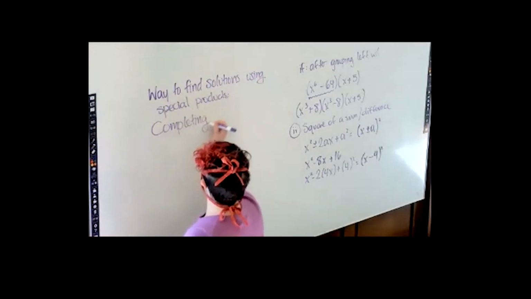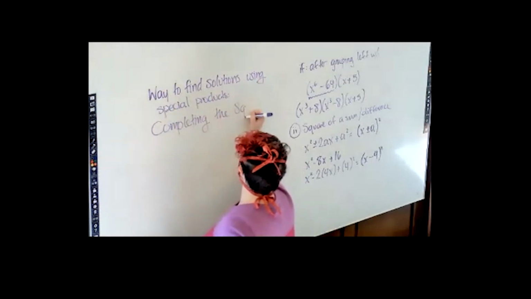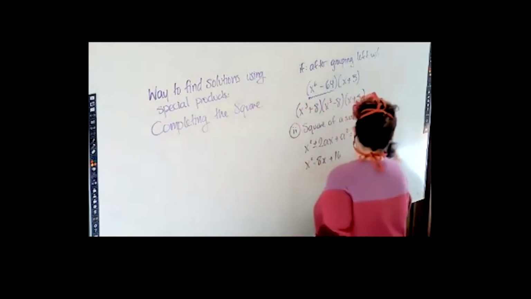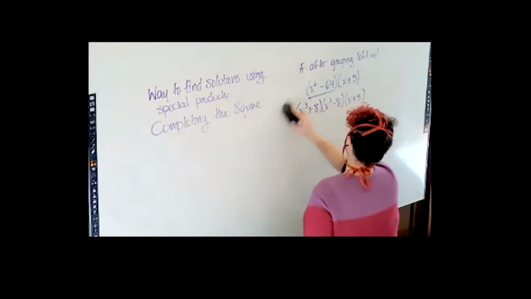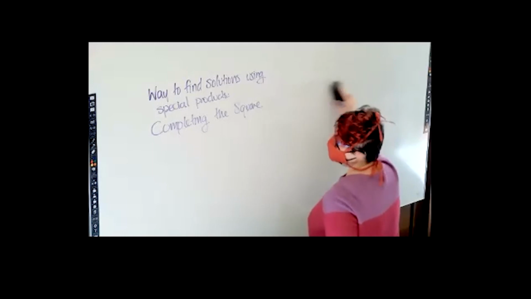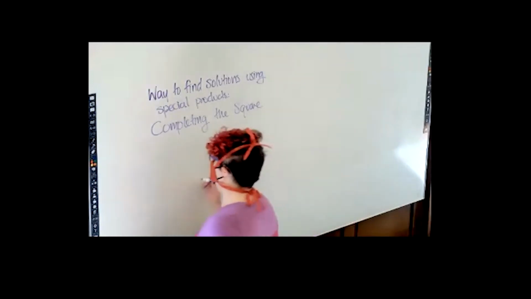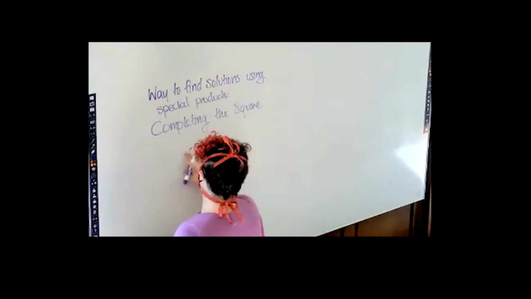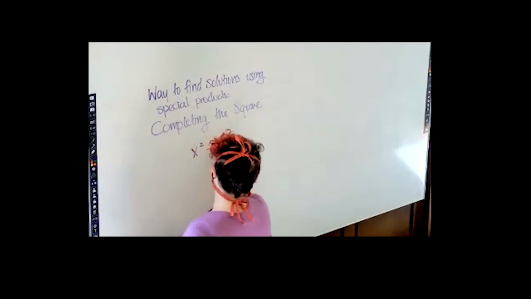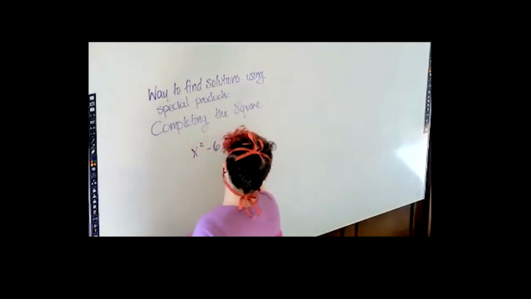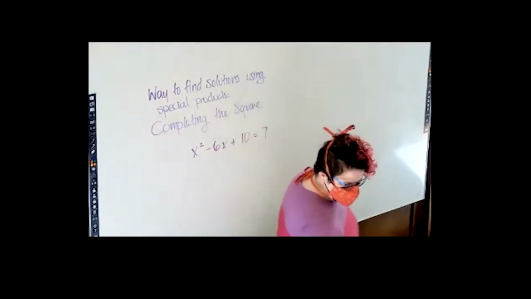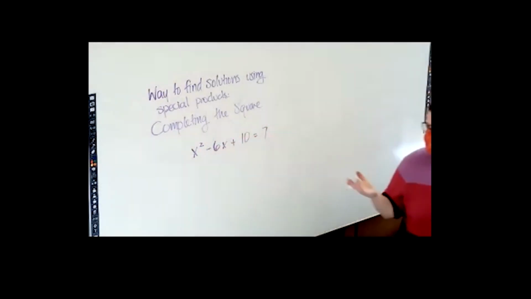Okay, completing the square. If you have, I'm just going to give a random one, x squared minus 6x plus 10 equals 7.